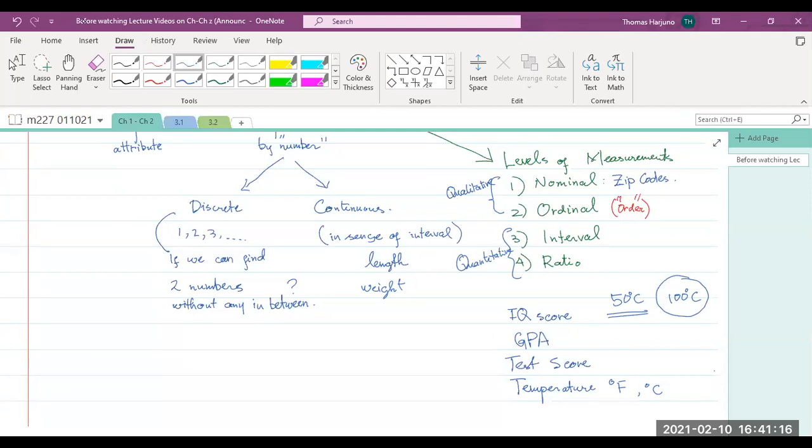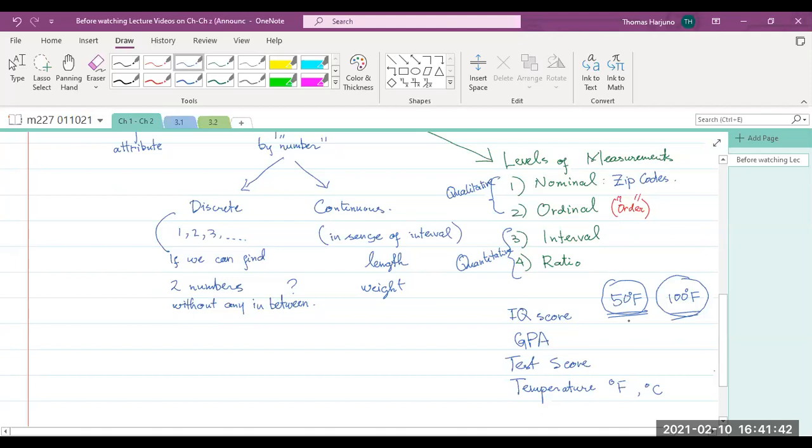Or let's change this to Fahrenheit. I come from Indonesia, we use Celsius there, but Fahrenheit I think is still easy to explain. 50 degrees Fahrenheit is pretty cold, right? 100 degrees Fahrenheit, I think that's hot. Now we do not say 100 degrees Fahrenheit is twice as hot as 50 degrees Fahrenheit. No, we don't say it that way.